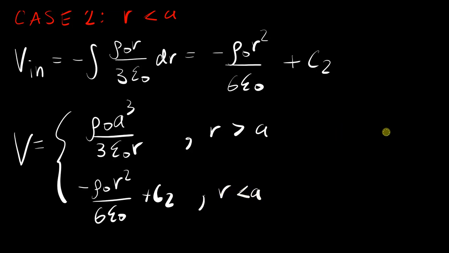So what you need to do now is you need to basically equate these two right at the surface of the sphere where r equals a. So when r equals a, you can equate these two potentials basically.